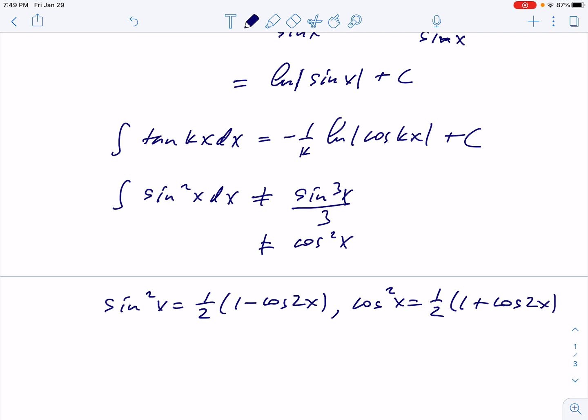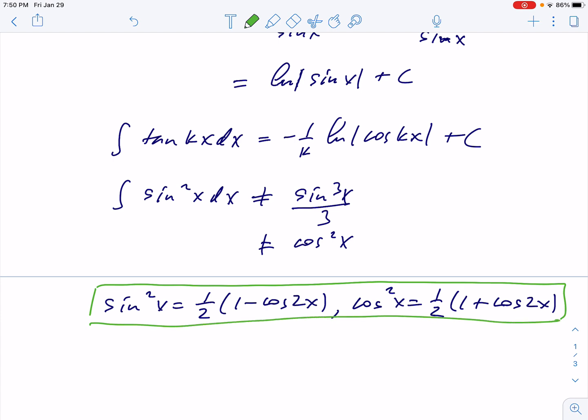You can call them double angle formulas or half angle formulas because they come from the representation of cosine 2x in terms of sine or cosine. Anyway, these are two important trigonometric identities. I will put them in a green box like that, and that's what we're going to use when we integrate sine squared or cosine squared.